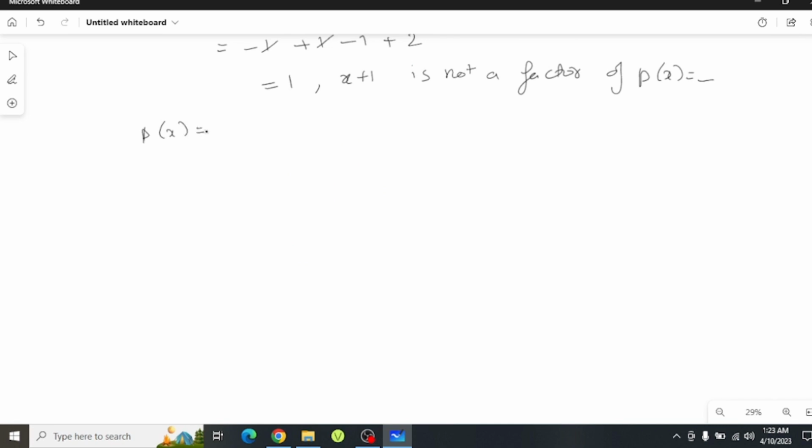The first one is p(x), we are doing the first part. p(x) is 2x cube plus x square minus 2x and minus 1, and g(x) is x plus 1.